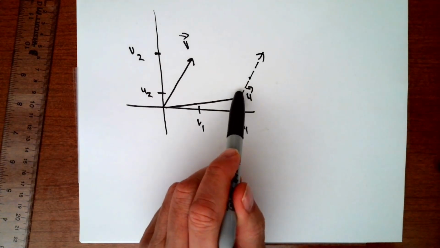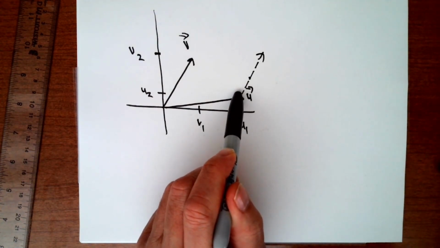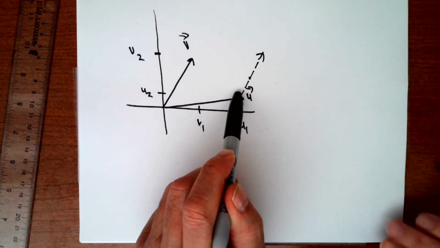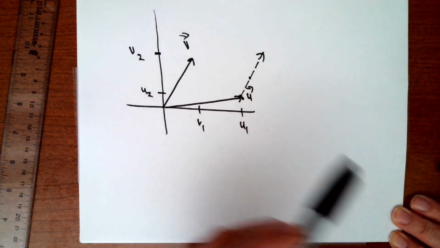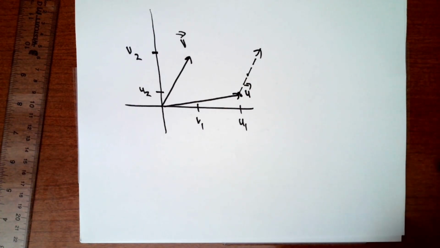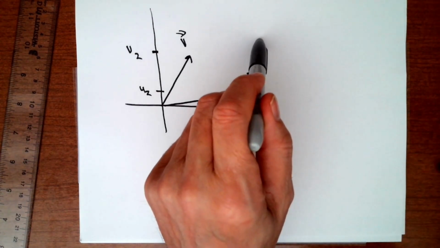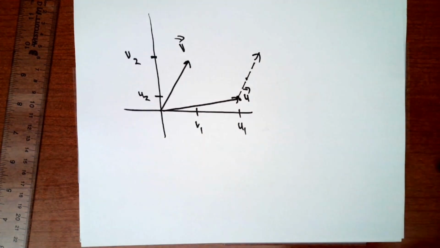Starting at the end point of u, x equal u1, y equal u2, as I travel along this clone of v, I must increase the x-coordinate by v1 and the y-coordinate by v2 in order to end up at the end of this copy of vector v.